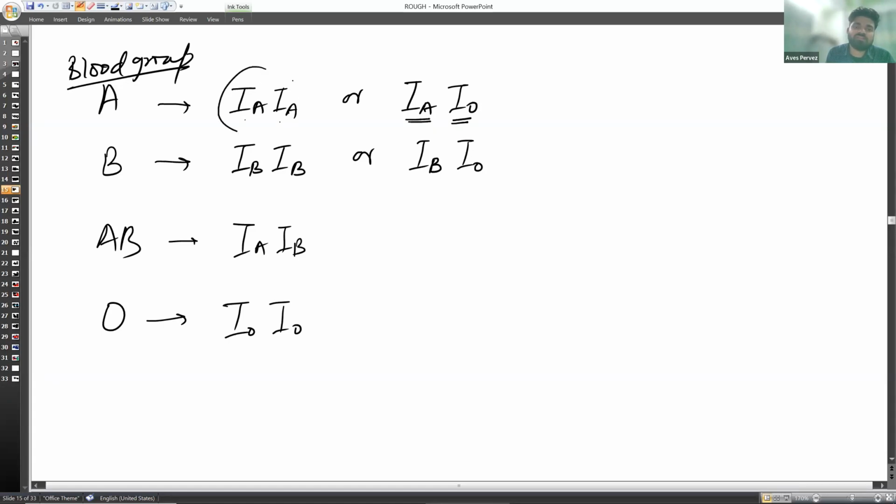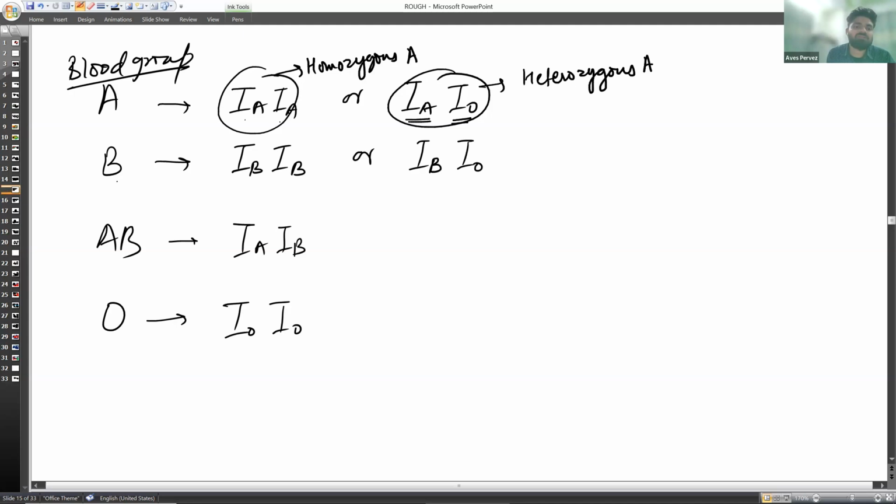This is homozygous A, and this is heterozygous A. The same for B: homozygous B, heterozygous B. AB blood group is obtained only when we have both the A and B alleles, and when we have IOIO, we get the O blood group. Got it?